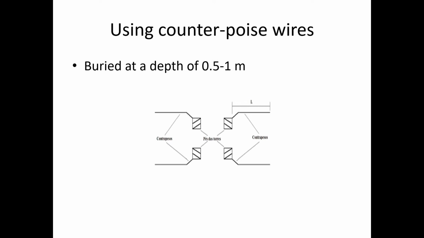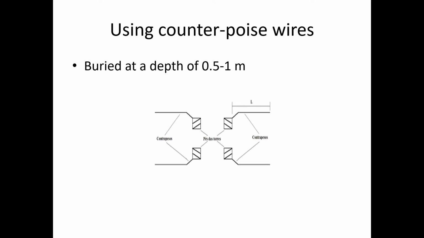The very high voltage which occurs due to the lightning is discharged towards the ground through the tower. That is, the excess voltage which arises due to the lightning is discharged through the tower towards the ground through this counterpoise wire.